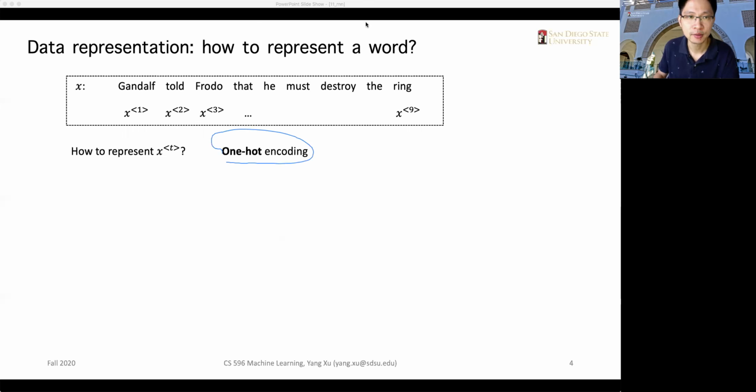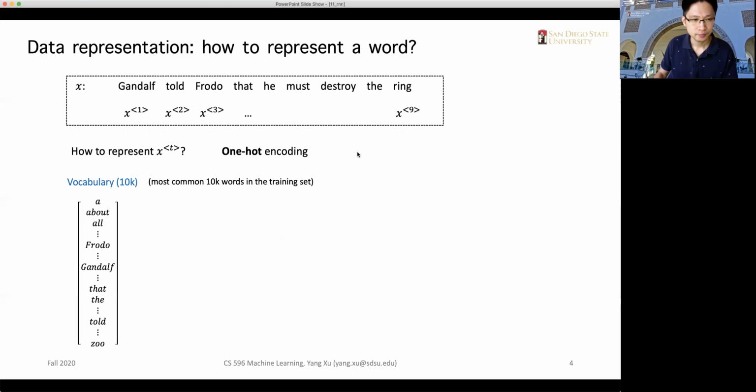The one-hot idea is actually quite straightforward. First, given the training dataset, we need to examine it by counting how many unique words there are in total. The dataset may contain hundreds of thousands of words, or rather tokens. Let me use tokens instead of words.